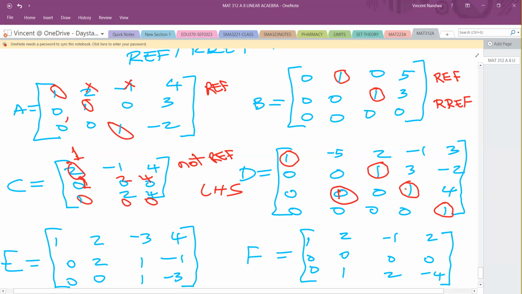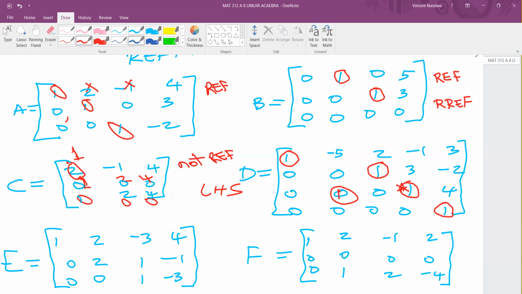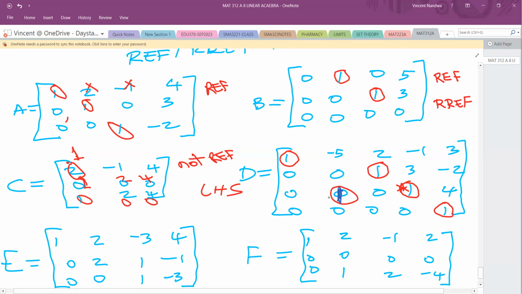Assuming the one here was at this point, but the second one has been placed where it is, then this matrix will not be in row echelon form, because the condition on the positions of leading ones of consecutive rows will be wrong with respect to the second and third rows. I don't know if you were able to see that. So if the one was here, then this matrix will not be in row echelon form. So that is the structure in which it is in row echelon form.